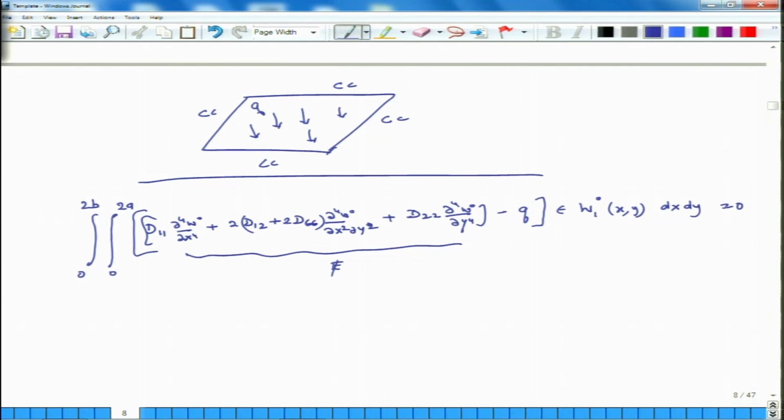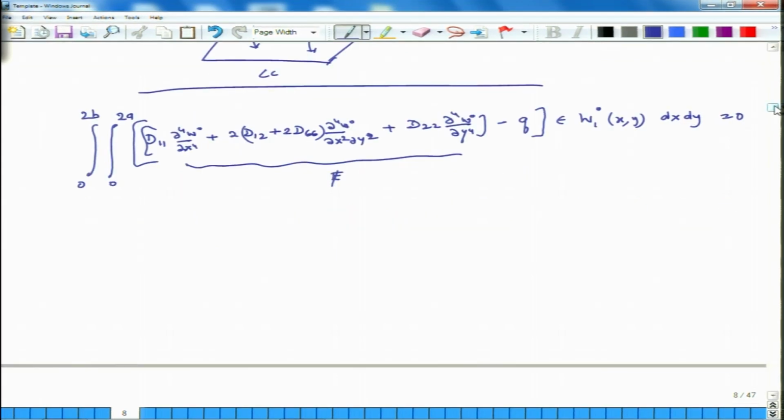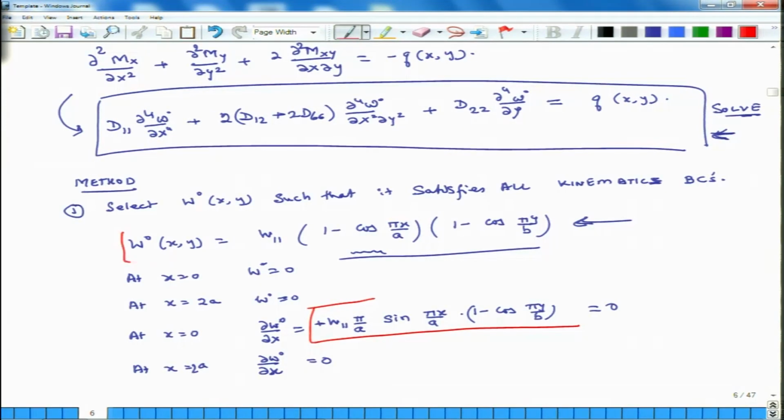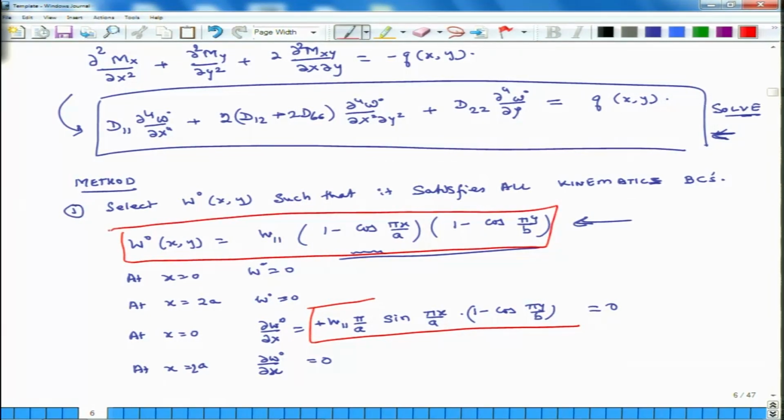And when I do this, as I integrate over x and y, what will happen? Now, what is this w naught? We had assumed w to be this thing, okay. So, here w11 is unknown. If we know w11, then we will be fine. So, that is what we are trying to find.